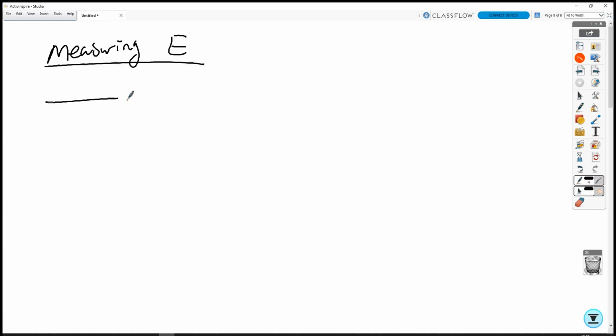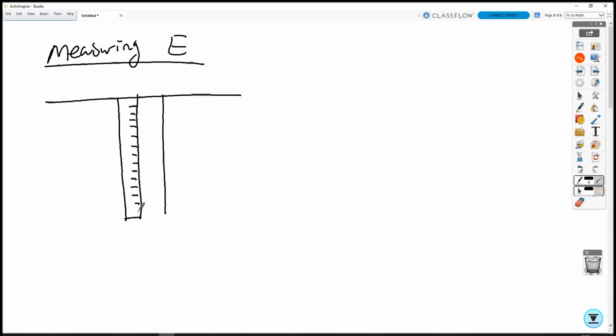In either case, you need an anchor point where the wire is attached that doesn't move. And you need some way of measuring the length and extension of the wire. You then load it with mass. So this is example 1.